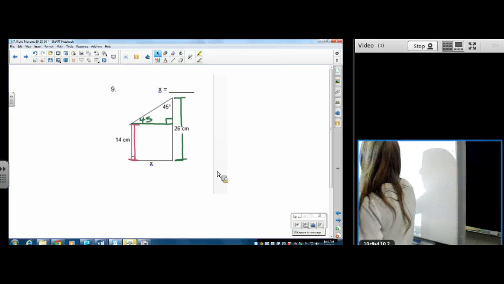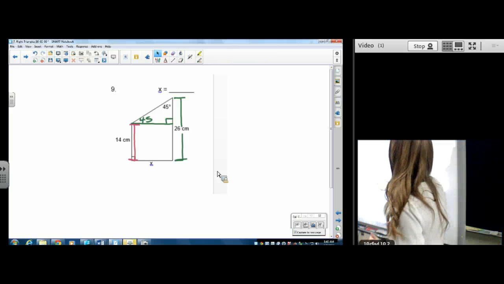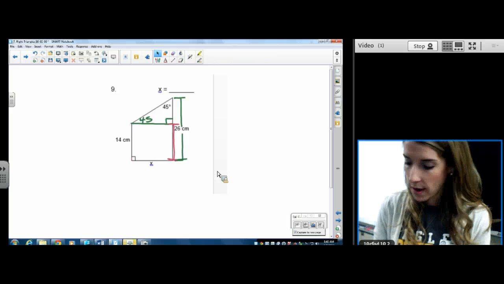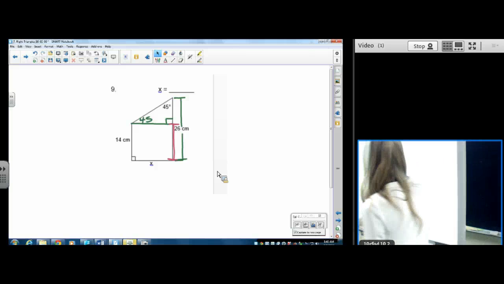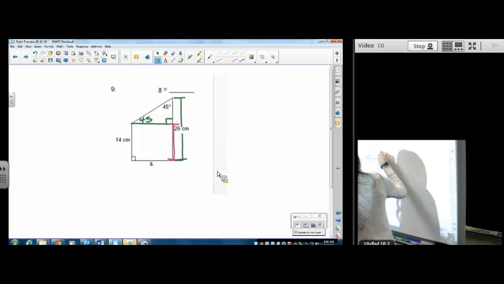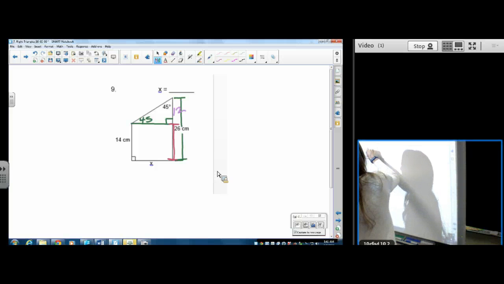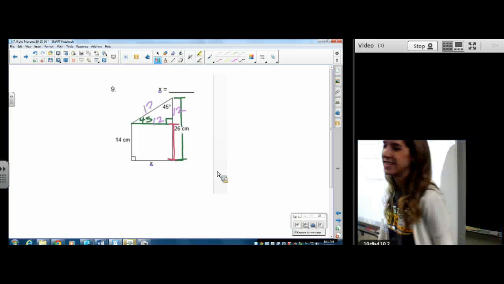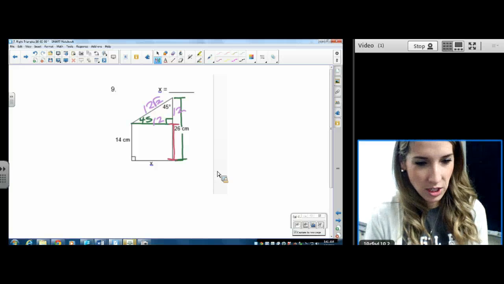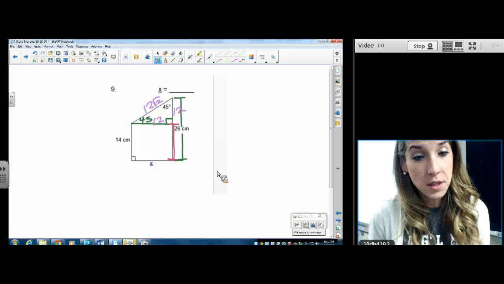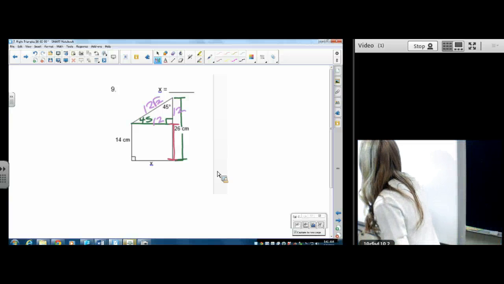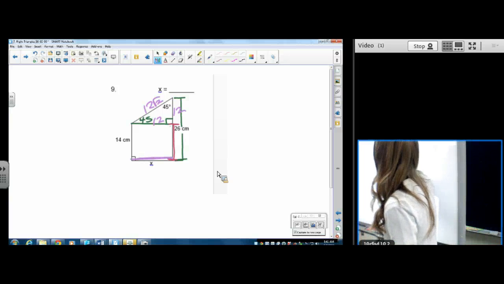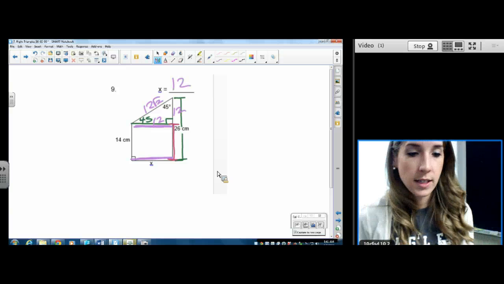I know I can take that 14, and I can drag it right over. So I know I can do 26 minus 14, and I can find the leg of this triangle right here. It's 12, 12, 12 root 2. I did too much work, but I just wanted to show you all the pieces. Okay? So x is 12. See that? X is 12 because we use 45, 45, 90 triangles to see the relationship there.